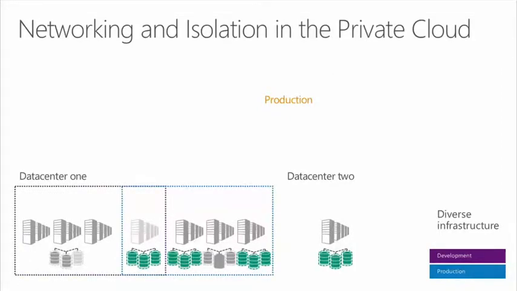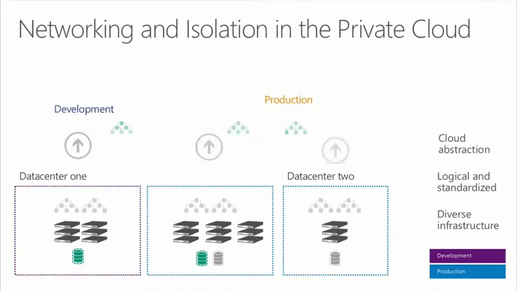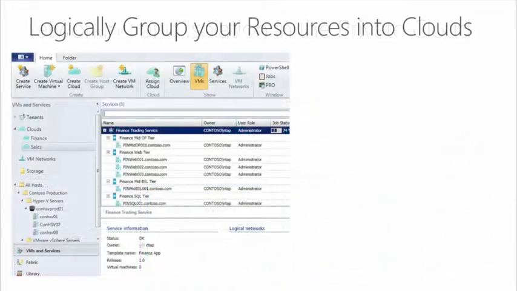So I take those resources, I allocate them to one or two or different environments. I pull them together to create these logical sets of resources, whether they're in my data center here, my data center across the country, or in a different part of the world. And from there, I create these different clouds. I create that cloud abstraction above the different resources.